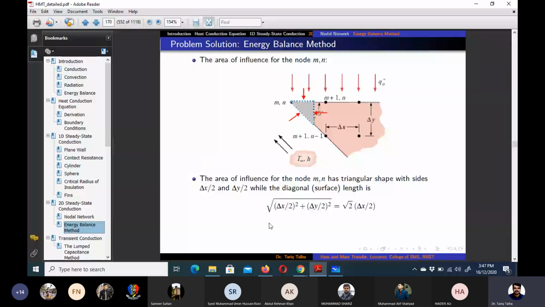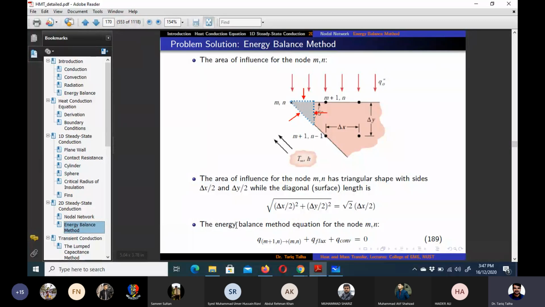Because this distance is delta x by 2, and this distance is delta y by 2, this diagonal surface value would come out to be equal to under root 2 into delta x by 2.